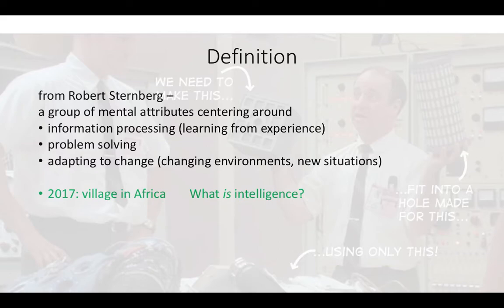This was a very obviously primitive village. In that environment, he would be considered intelligent, and those of us who were visiting, not. Now, maybe we could quickly adapt, and that would show our intelligence, but it gets at the vague nature of intelligence, that it depends on a certain time and place, what you need to be able to do in order to survive.